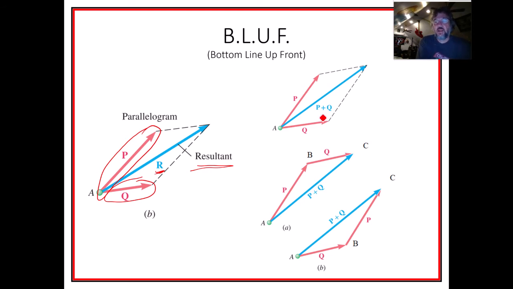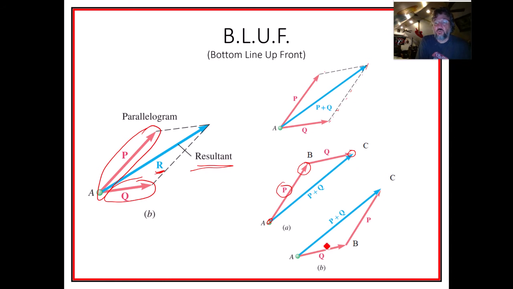Right? And there's two ways that we could do this graphically. We could either make a parallelogram, where we make a line that's parallel to P and a line that's parallel to Q, and then we draw a line that connects the two, or we can add them. And when we add and create a triangle, the convention is nose to tail for the things that we add, and for the resultant it goes tail to tail, nose to nose.